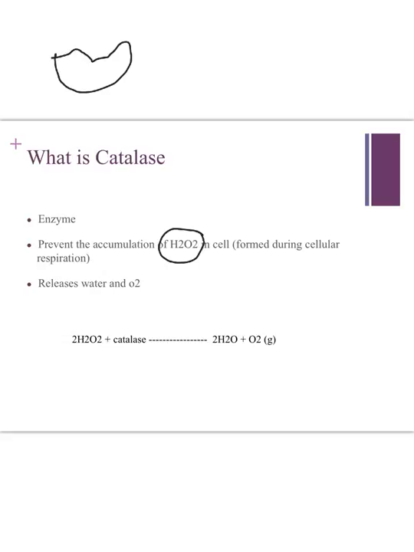And normally you would think of an enzyme working in a lock and key fashion, where you'd have your substrate come in, lock onto your enzyme, break the bonds, and then you are left with two products. In this instance, water and oxygen.